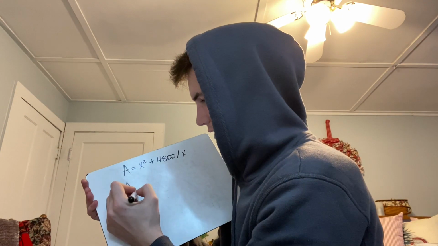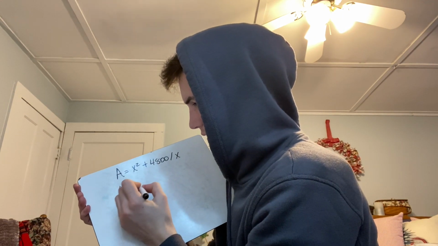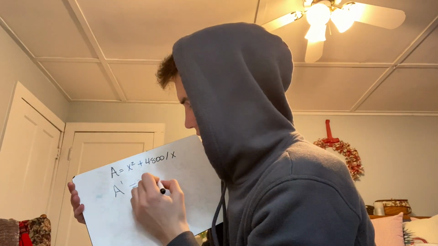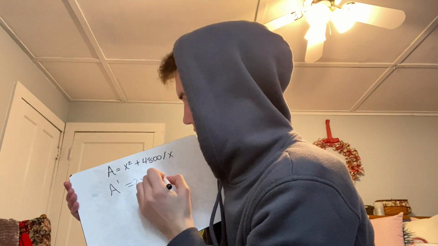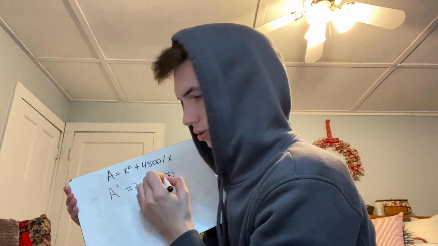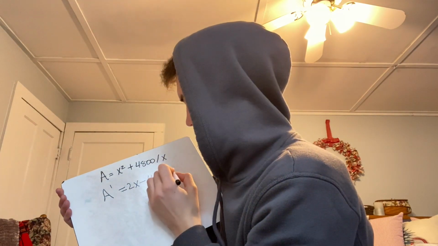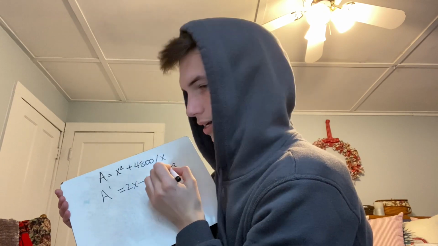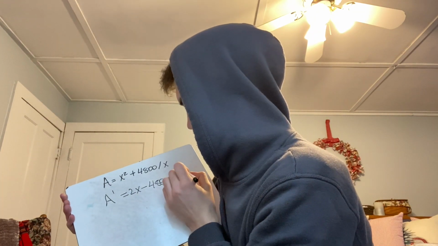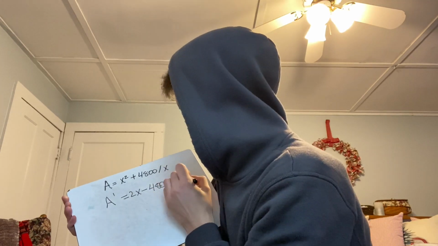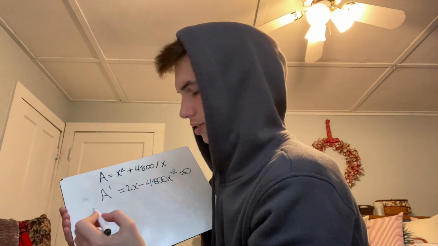From this point, we are going to take the derivative of the area. So that will be A prime equals 2x minus 4,800 x to the negative second. And let's set this equal to 0, and then let's solve for x.